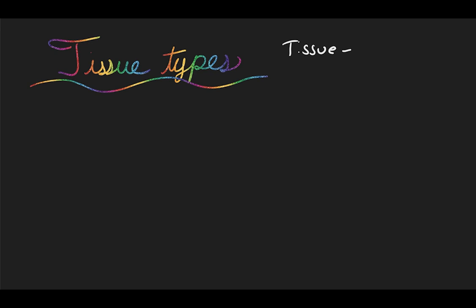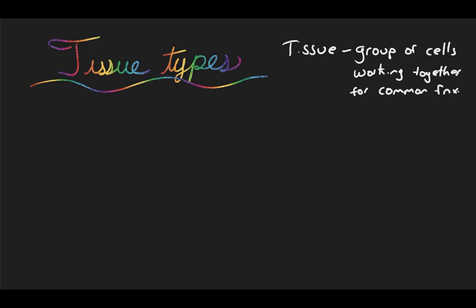So a tissue is essentially a group of cells that work together to provide a given function. A group of cells working together for a common function.